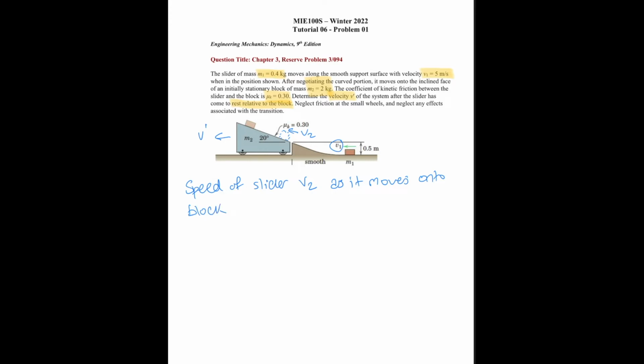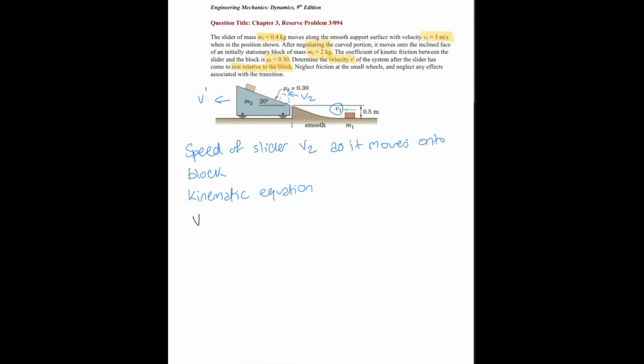So we're going to start with the kinematics equations, which is v2 squared is equal to v1 squared plus 2as, which is equal to v1 squared minus 2gh.